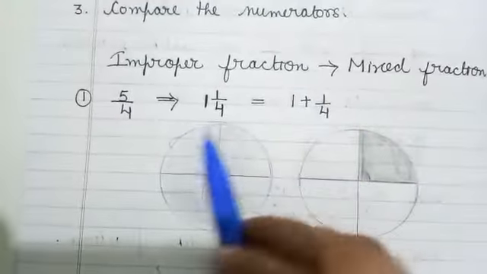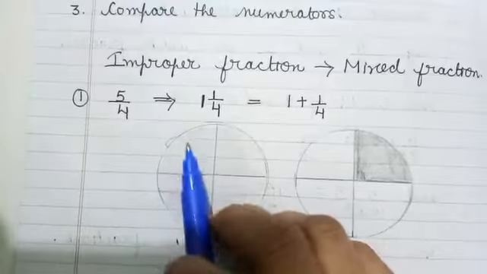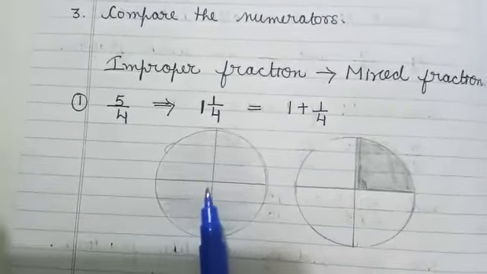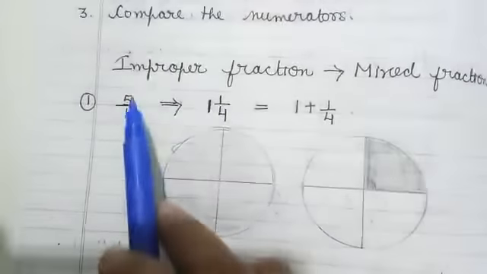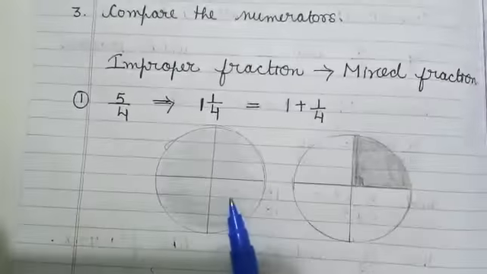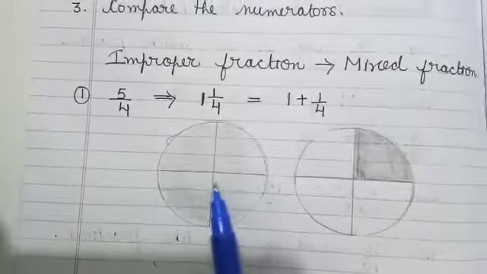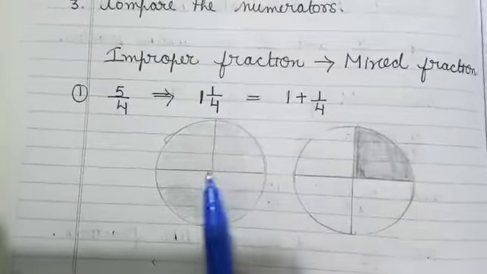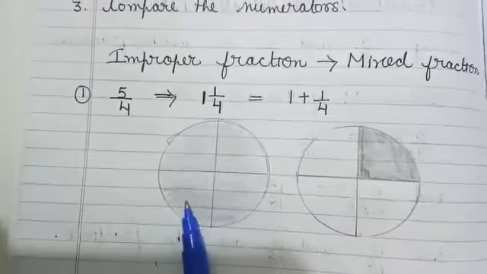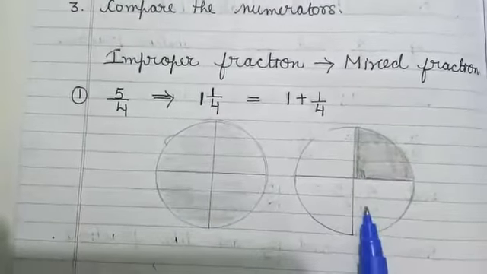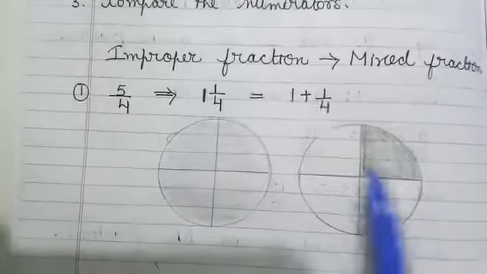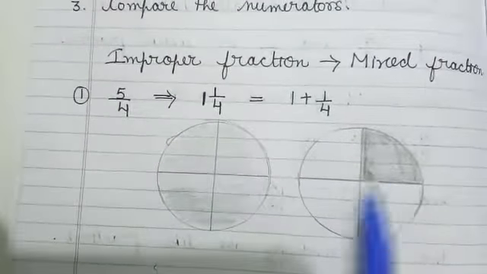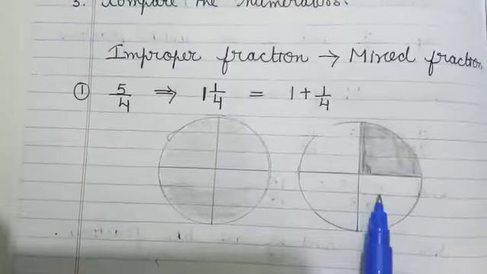So class, here the thing is not one only. There are two things. Suppose you have pizzas, and we are talking about 5 by 4. It means that you have 2 pizzas and you divide both the pizzas into 4 equal parts. So total parts you have are 1, 2, 3, 4, 5, 6, 7, 8, and out of these 8 pieces, you have taken 5: 1, 2, 3, 4, 5. Now 4 from this and 1 from this.